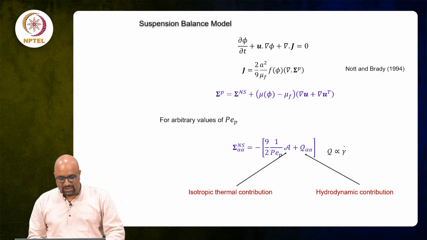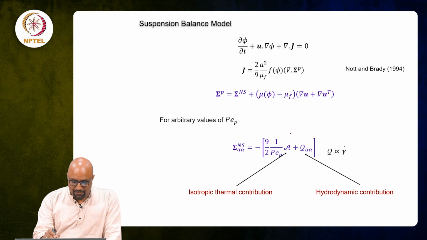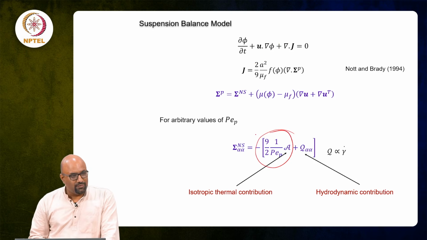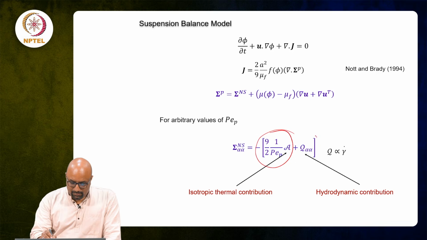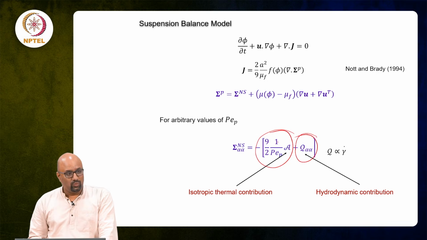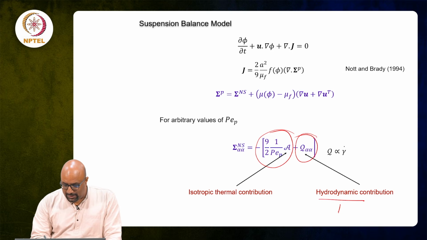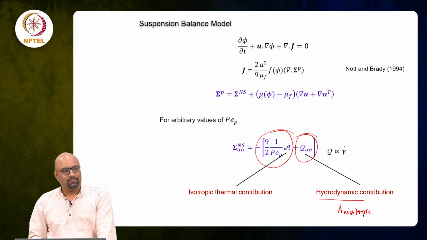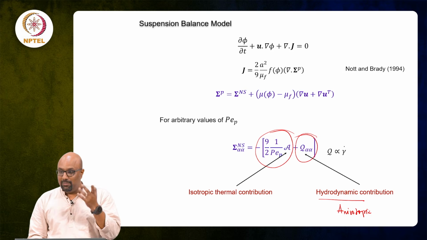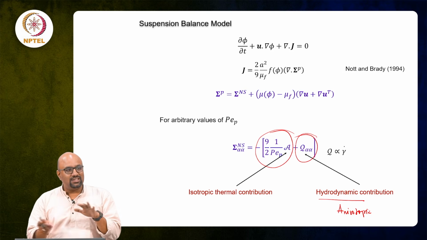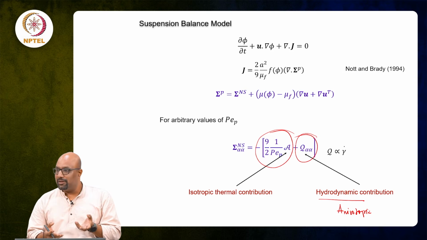And this normal stress part, you can further write down into a thermal part which is isotropic and a hydrodynamic part which is not isotropic. So, the key point is that the normal stresses due to the hydrodynamic interactions are anisotropic. And there is something that you can immediately argue from the linearity of Stokes flow, that the normal stresses due to hydrodynamic interaction should be linear in the shear rate.